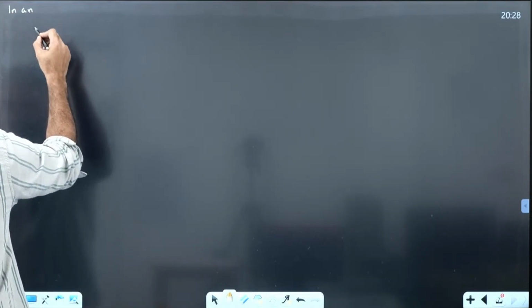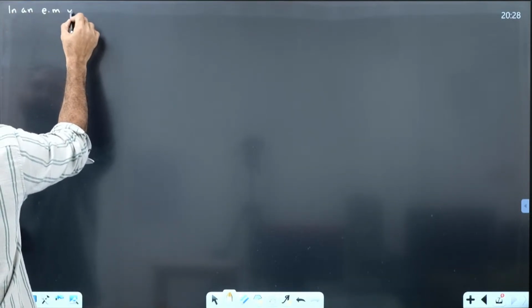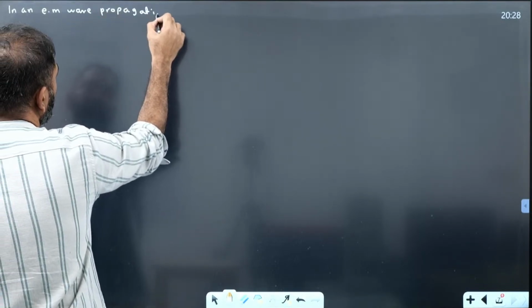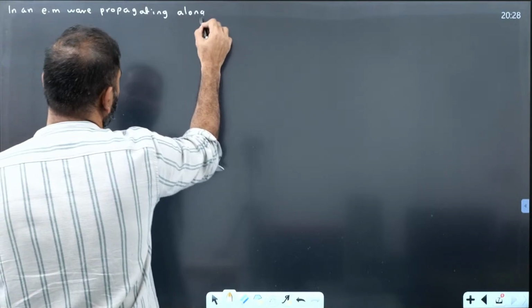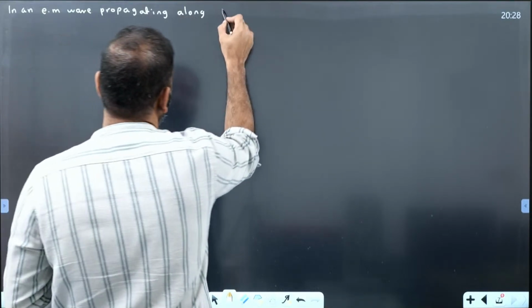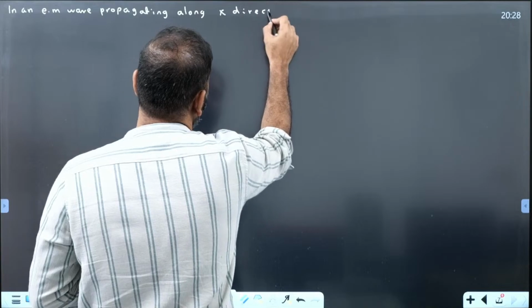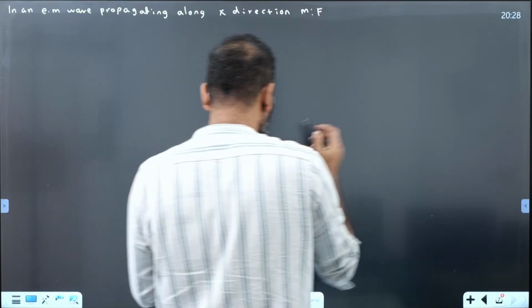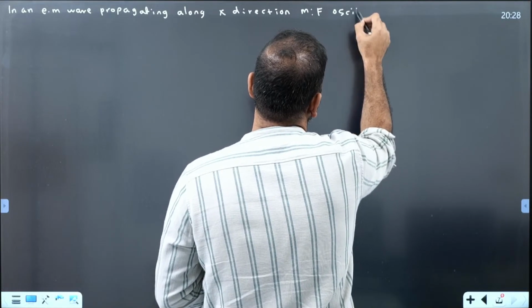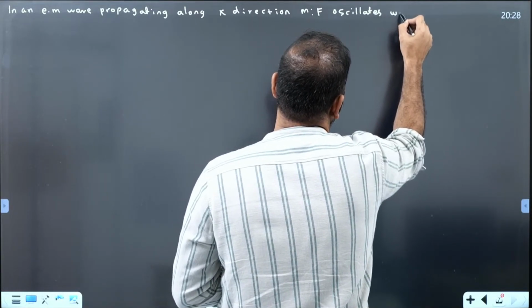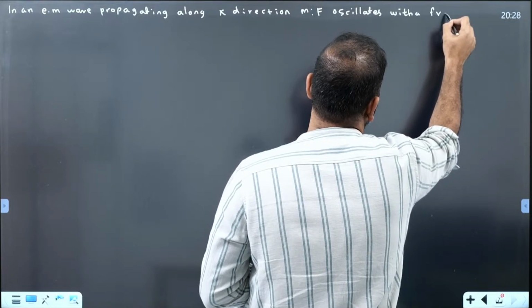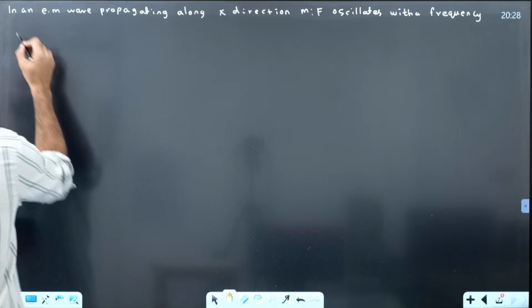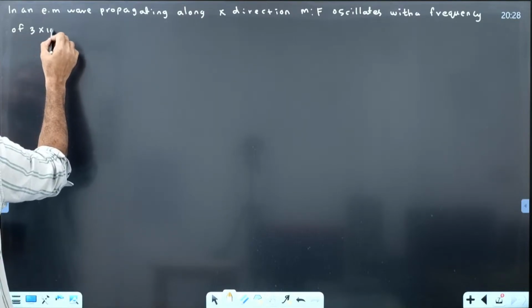In an EM wave propagating along x direction, so wave is along x direction, magnetic field oscillates with a frequency of 3 into 10 raised to 10 hertz.